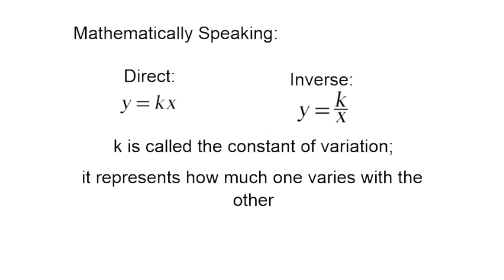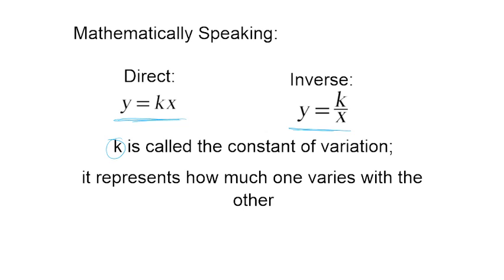Mathematically speaking, we can look at this as different formulas. So direct variation will always take the form of this: y equals k times x. Notice as x increases, y is going to increase, or as x decreases, y would decrease. Inverse variation instead would be y equals k divided by x. K is called the constant of variation. It represents how much one varies with the other.